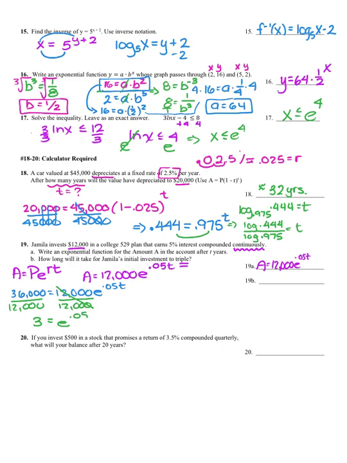E to the 0.05t. And I think you guys are getting pretty good with these e problems. How do you cancel e? I hear you all saying, take the natural log of both sides. That natural log always goes in front of a number. So that's going to leave us with the natural log of 3 equals 0.05t.